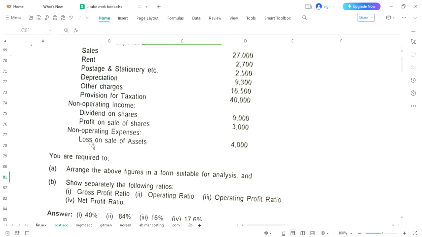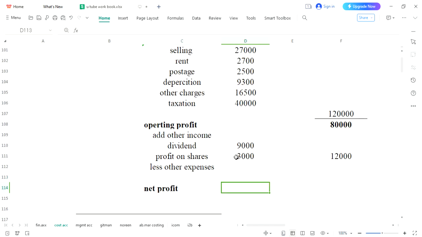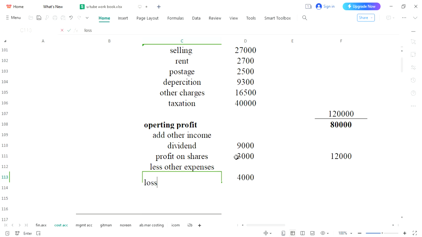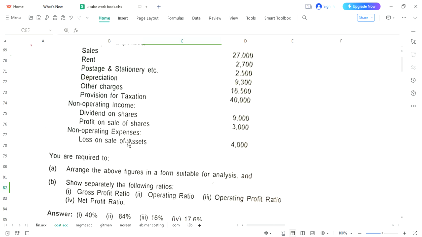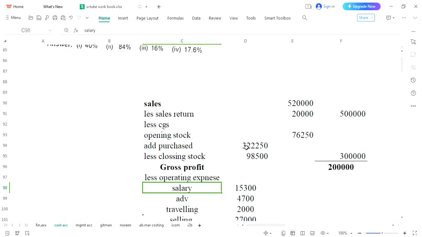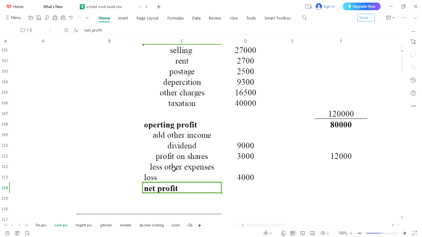Look, non-operating or other expense, that is 4,000. So we will put 4,000 over here, and this is loss on sale of asset 4,000. So please note it down. These are other expenses, less other income add.